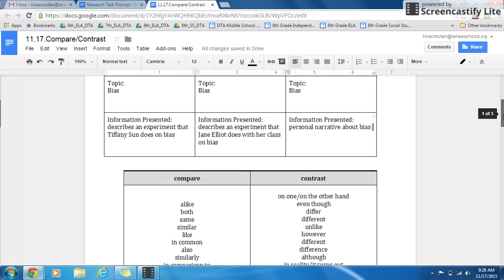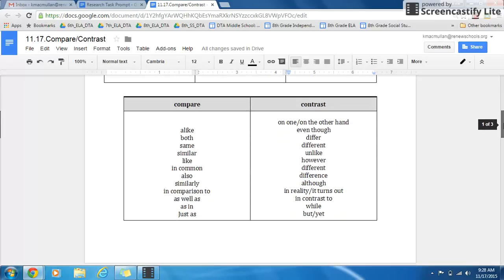So what we have here is a list of some compare and contrast words that we can use to show similarities and differences. So on our left side, we have our compare words. These are ways that we can show that 2 texts are alike or the way the information being presented is alike. Whereas on the right side, we have our contrast words, which are going to show the differences or how they're different.